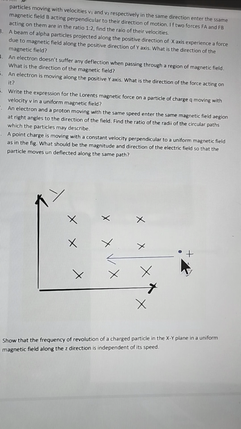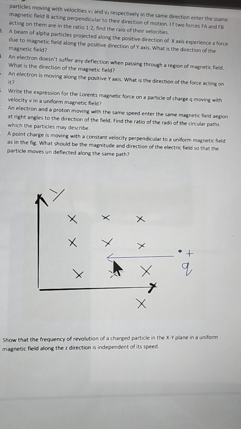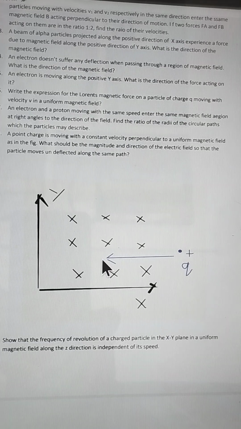The charged particle is moving in the negative x direction, and magnetic field is directed into the plane of this board. Then we know it will experience a force. The direction of that force can be found by applying Fleming's left hand rule, or by analyzing the vector product.